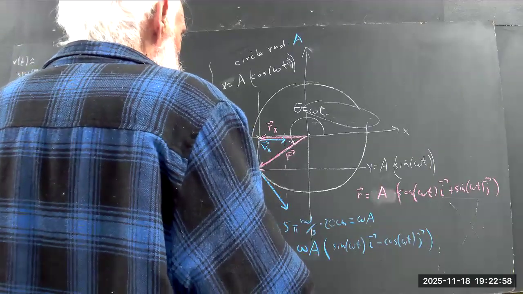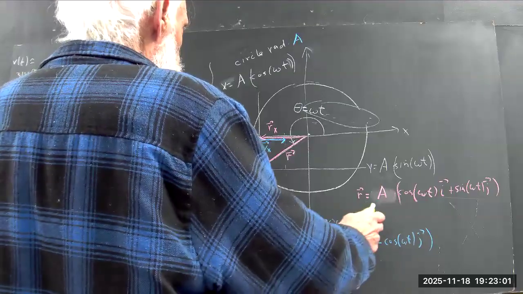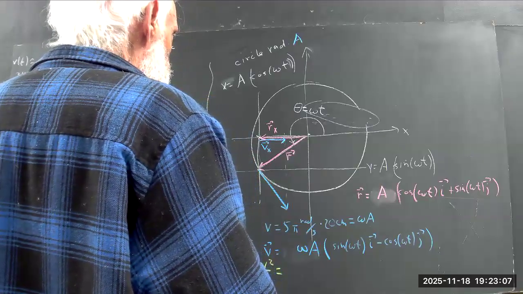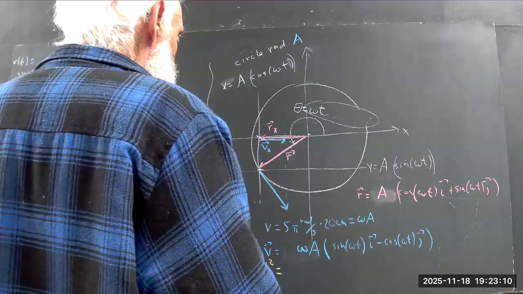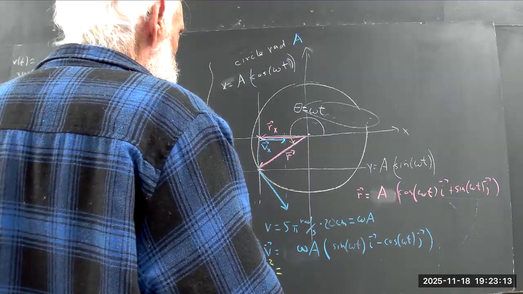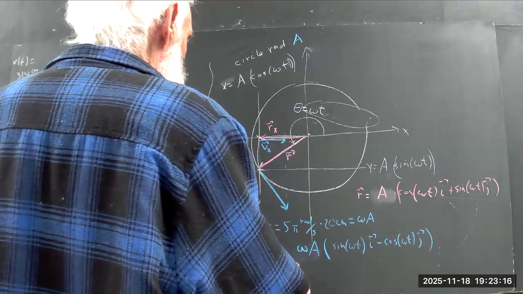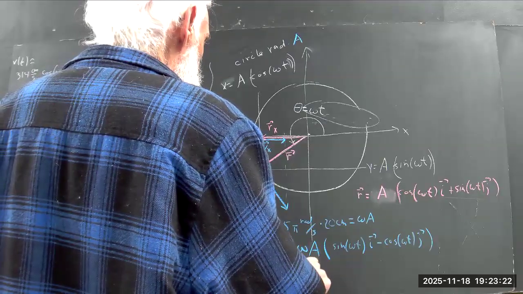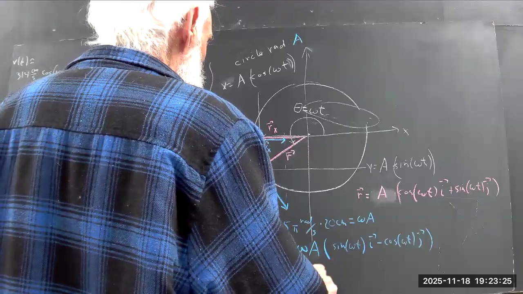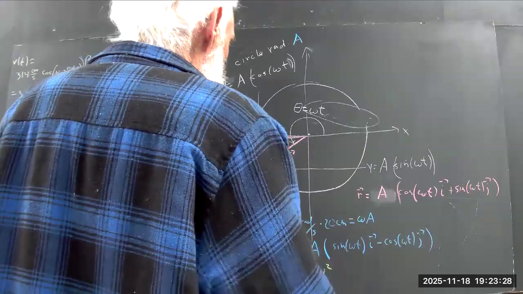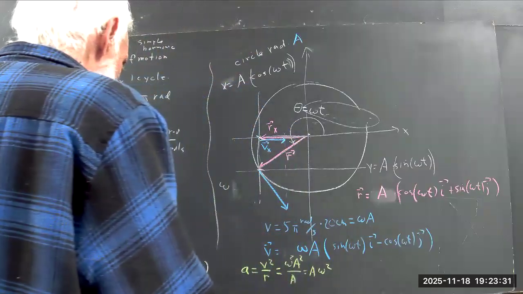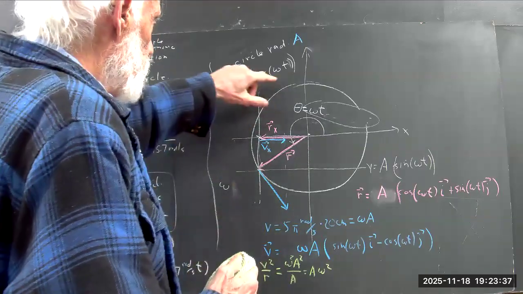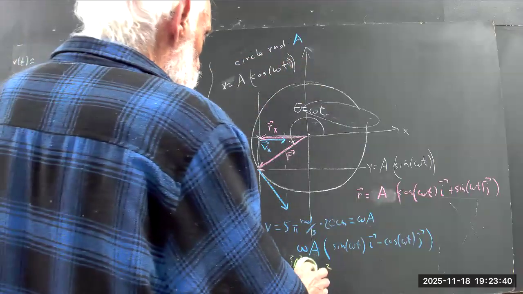Where v is just omega A. Where by v, I mean the speed of the particle going around the circle.